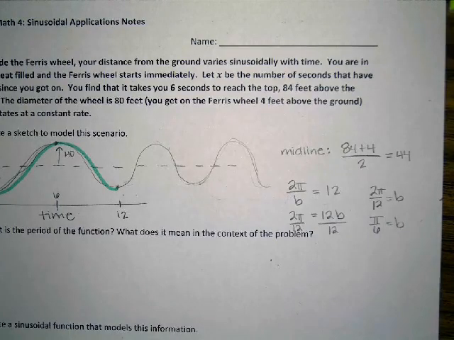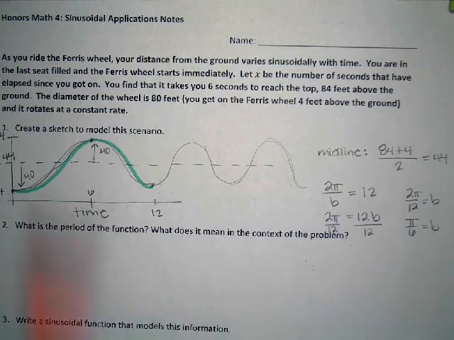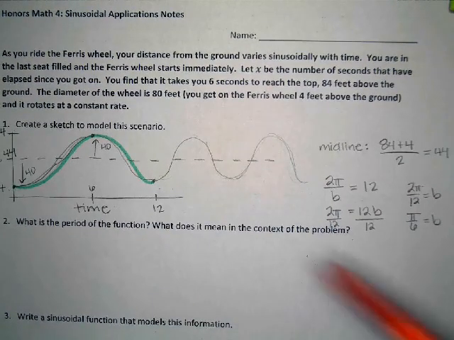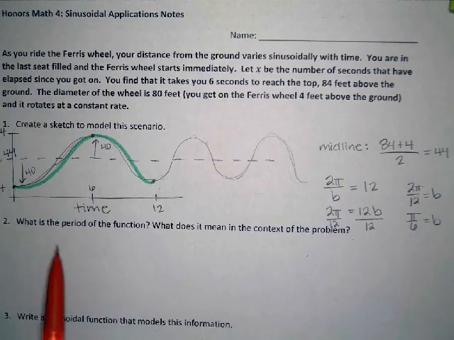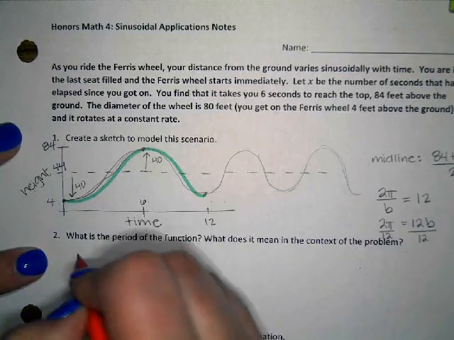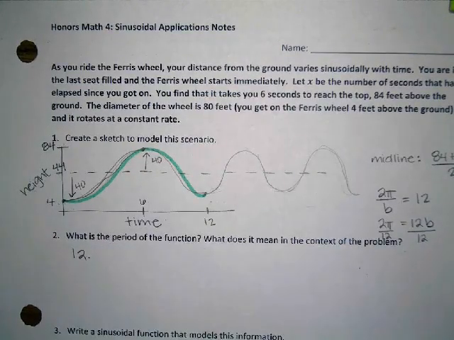Okay, question 2. So we're all set up now. We've found all the pieces. When we get down to number 3, we're going to be able to write the equation. Question 2 says, what is the period of the function? We already know that the period of the function is 12. What does this mean in the context of the problem?